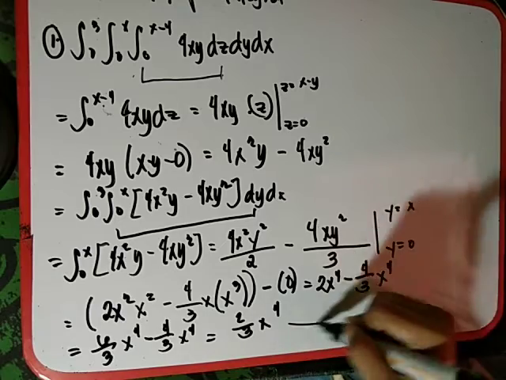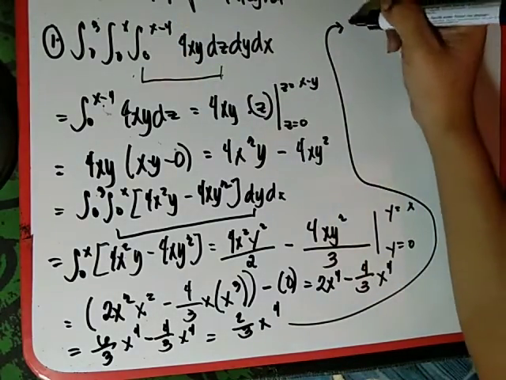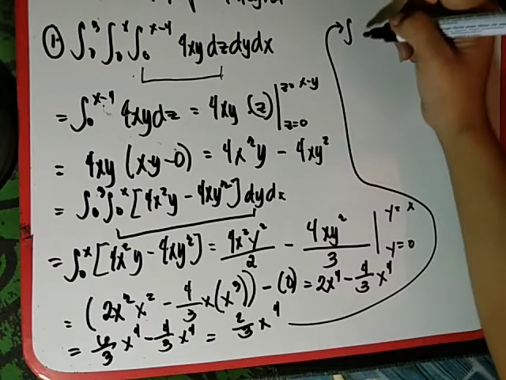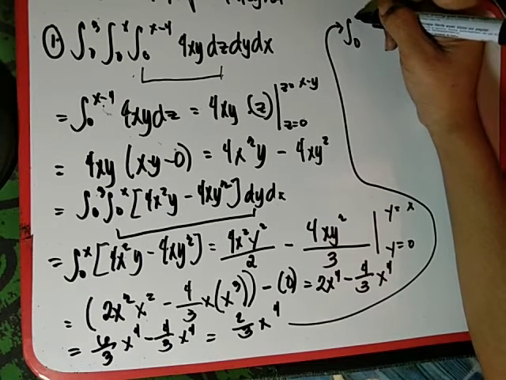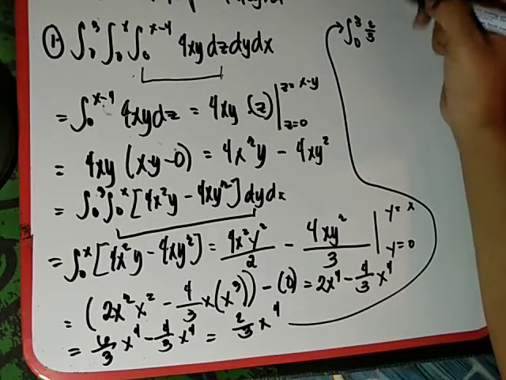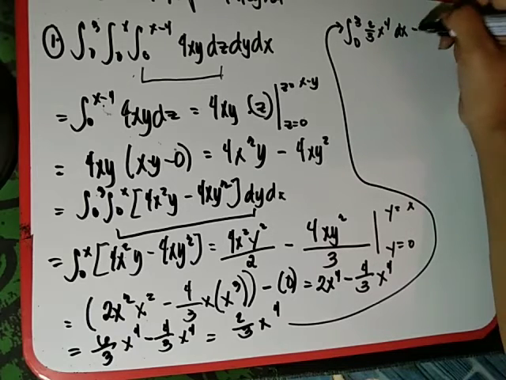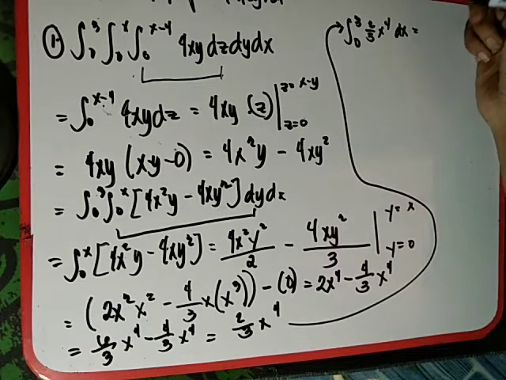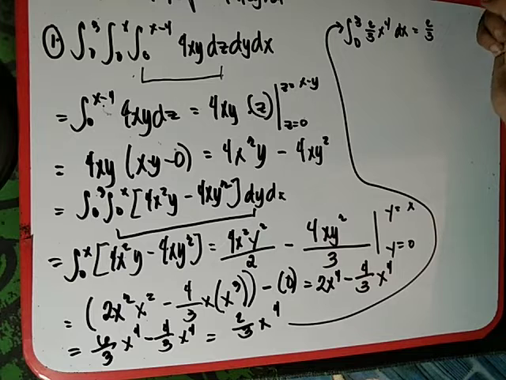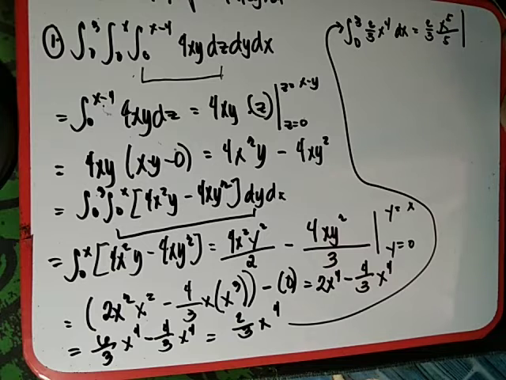So we'll continue it here. Our last is the integral of 0 to 3 of 2/3 x raised to 4 dx, which is equal to 2/3 x raised to 5 over 5, with limits 0 to 3.